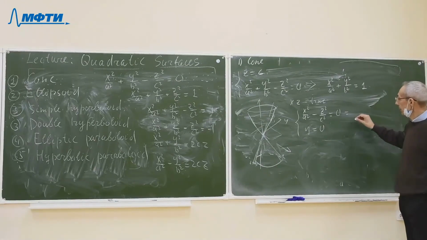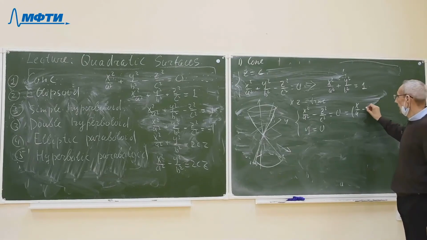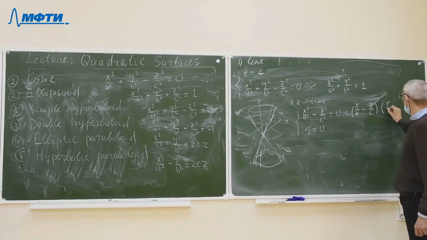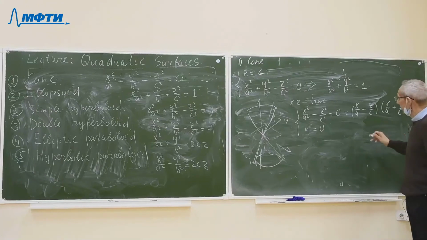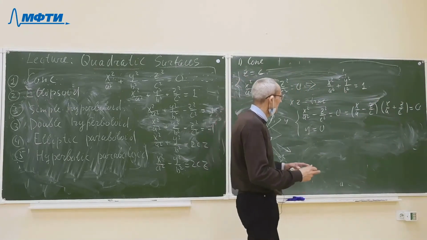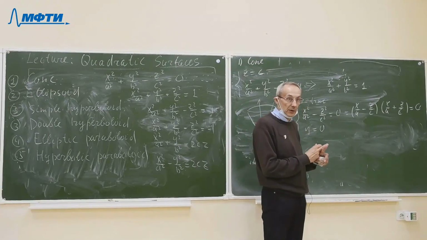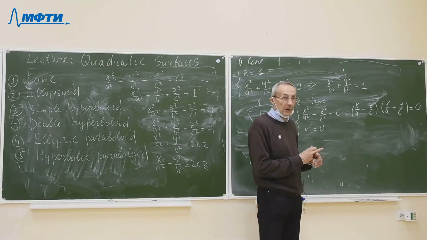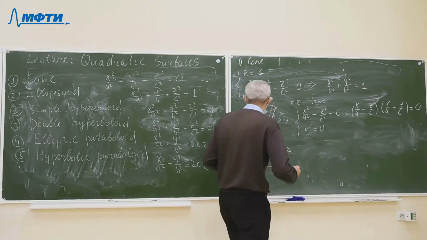This equation can be written in the form x divided by a minus z divided by c times x divided by a plus z divided by c is equal to 0. And this equation defines two straight lines which intersect at the origin of the coordinate system.